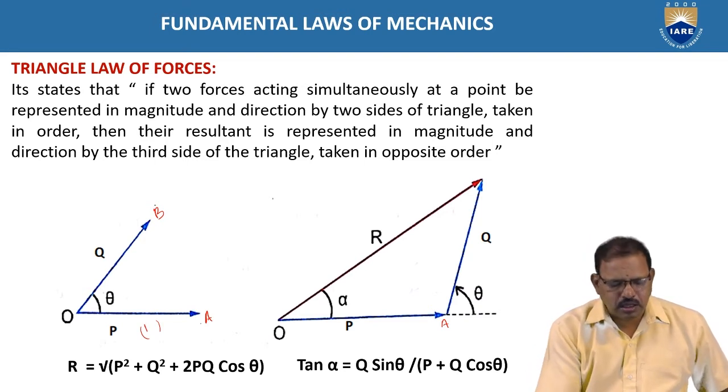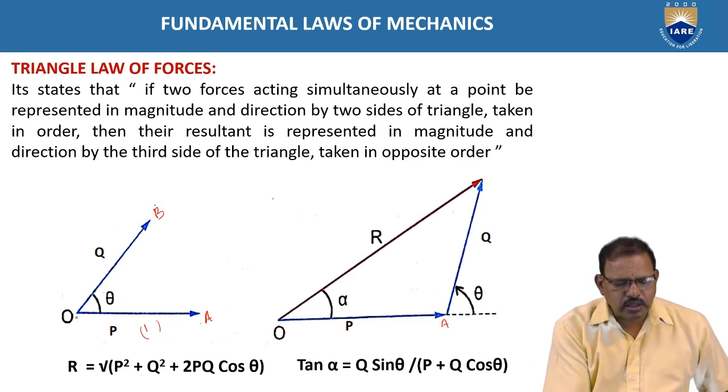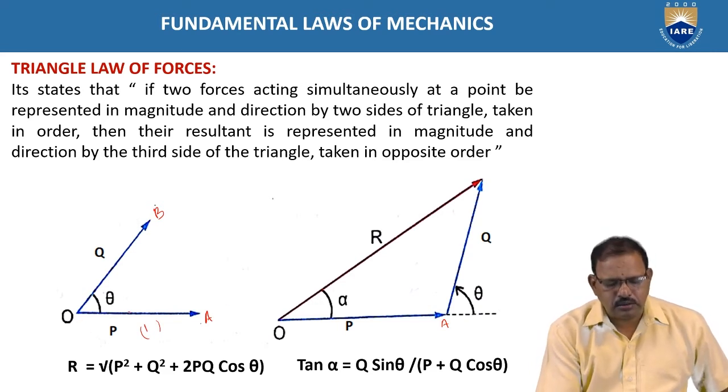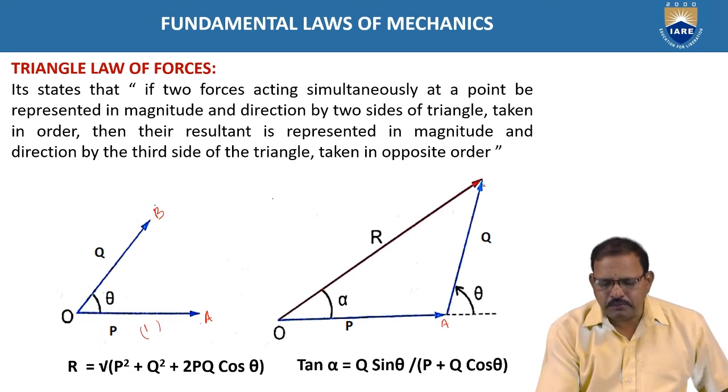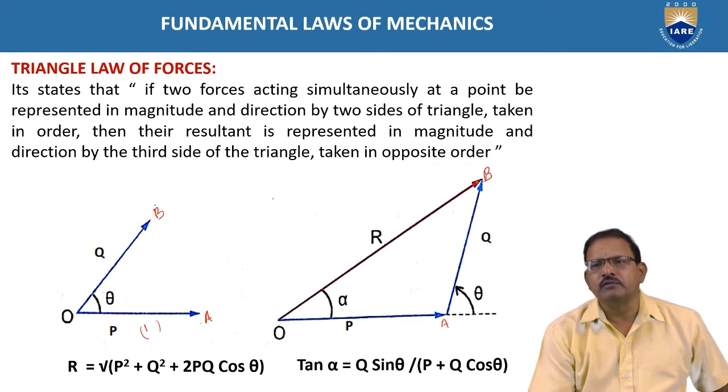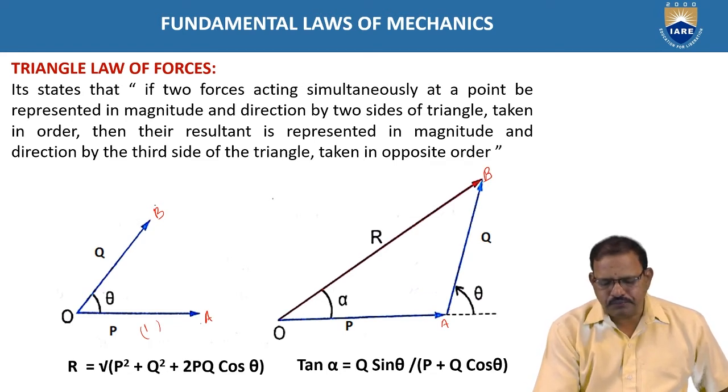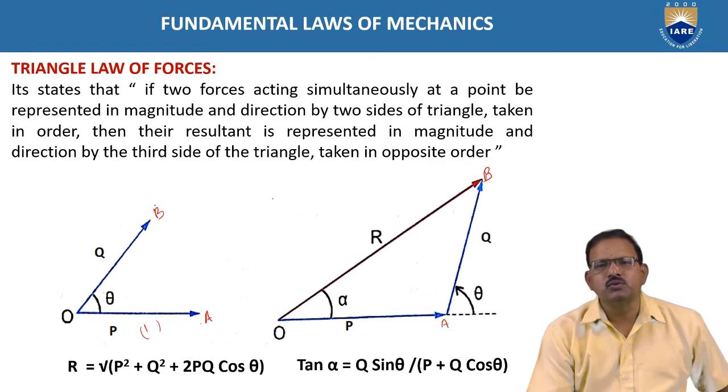Now it is represented as the adjacent sides of a triangle taken in order. That means order means here O represents the tail, A is representing the head. Similarly, for the second figure, B is representing the head, hence AB is representing the force Q. That means these two forces are represented as two adjacent sides of a triangle taken in order, that is tail, head, and tail, head.